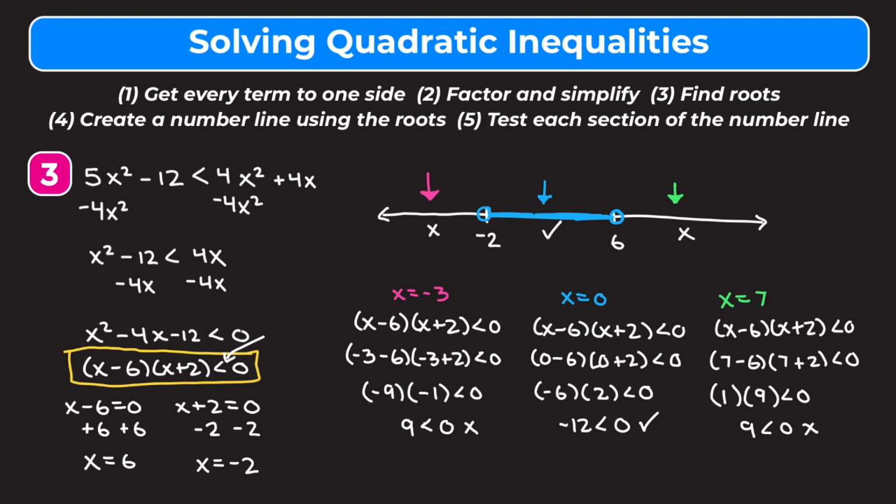So we get a solution of x can be anything between negative 2 and 6 non-inclusive, so not including negative 2 and 6. So we can write it like negative 2 is less than x, which is less than 6. And if we want to write this in interval notation, we can use soft brackets going from negative 2 up to 6. So either way, you can write your answer.